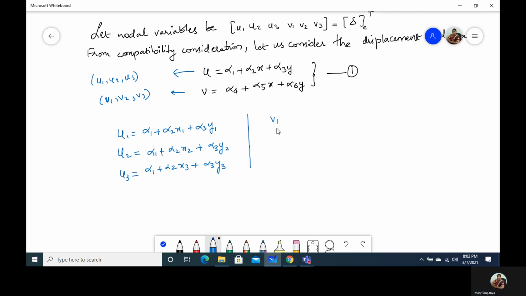Similarly, v1, v2, v3 can be written: alpha 4 plus alpha 5x1 plus alpha 6y1, alpha 4 plus alpha 5x2 plus alpha 6y2, alpha 4 plus alpha 5x3 plus alpha 6y3.